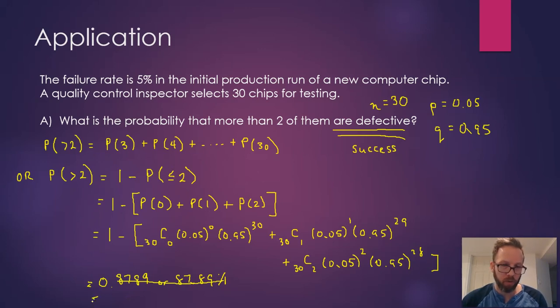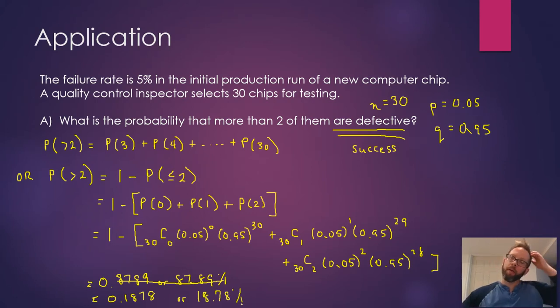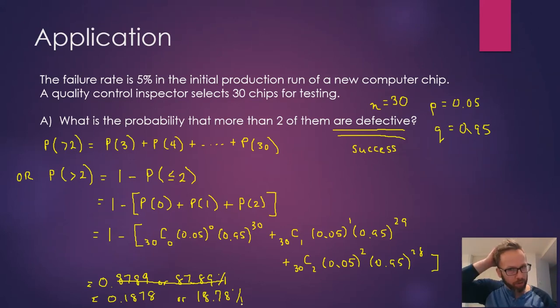So I got 0.1878 or 18.78%, which fits a lot better because out of 30 chips, as we saw with the last calculation, we're expecting 1.5 of them to be defective. So to get 2 or more that are defective, it should be more unlikely than likely. So 18 or 19% seems pretty good.